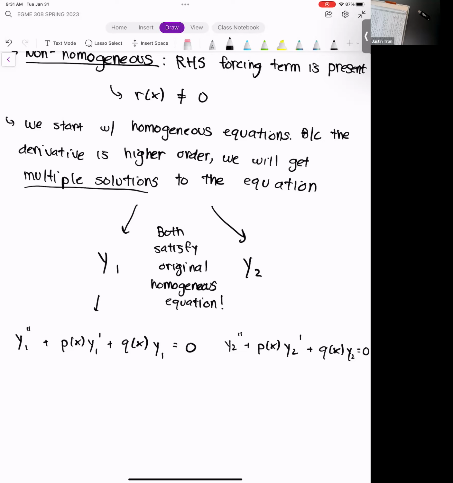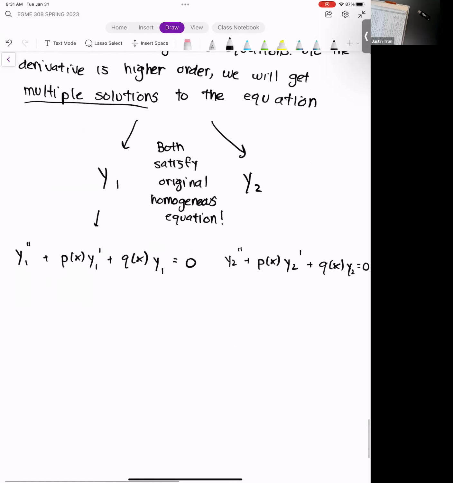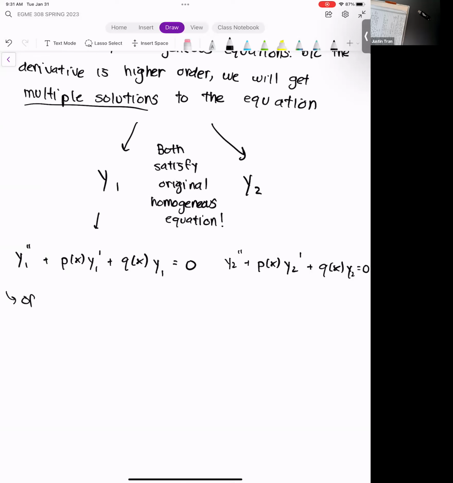So y1 and y2 are both solutions, and the methods that we're going to learn are going to give us two solutions. But most of the time, we like to combine these into one, purely for convenience's sake.